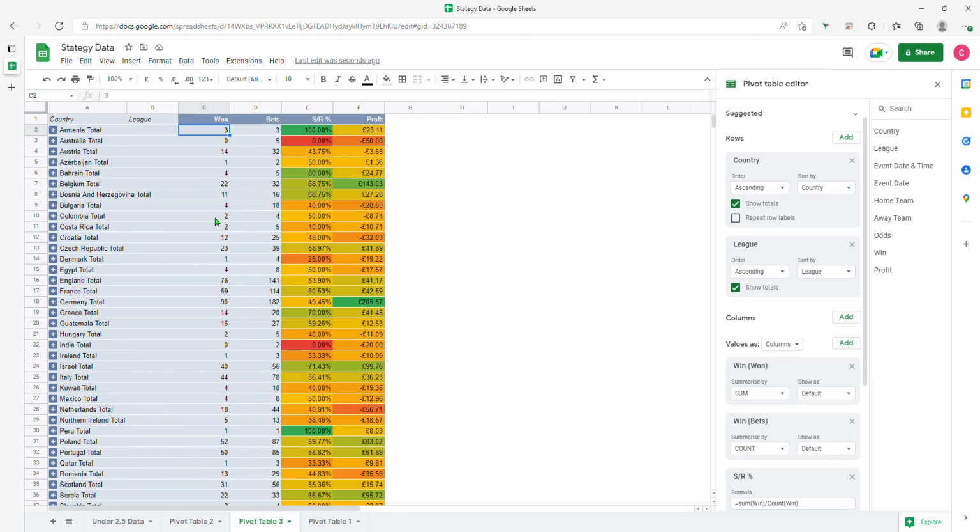So here I wanted to look at some of the 100% and zeros and have a look at some of the leagues you might have seen, obviously England. But you can see here, looking at the top one, we've got a strike rate of 100%. We've won 3 out of 3 in this country. We won't find things at the top and at the bottom though, because all the countries are in alphabetical order on this one.